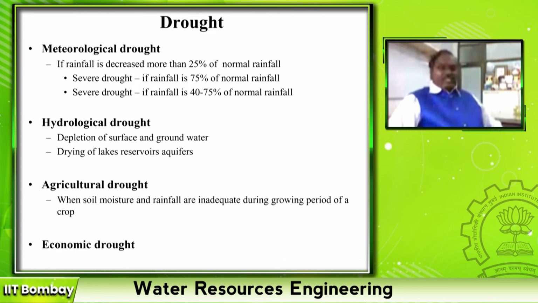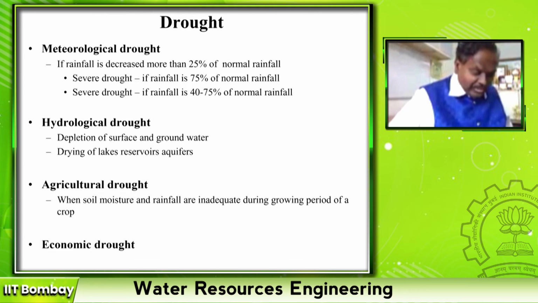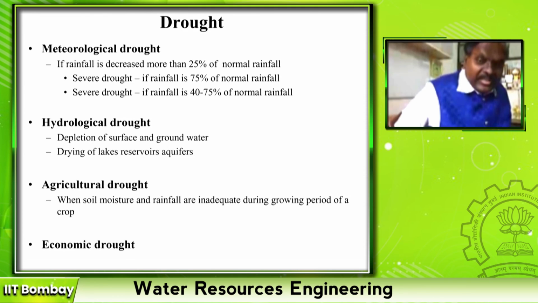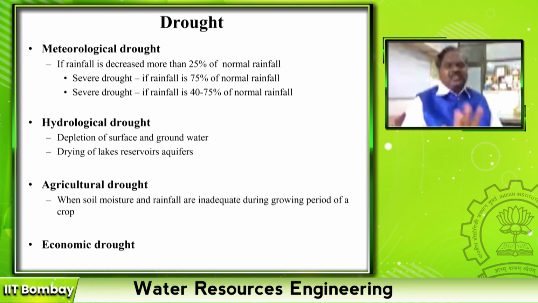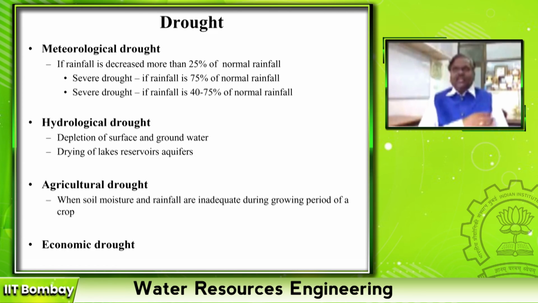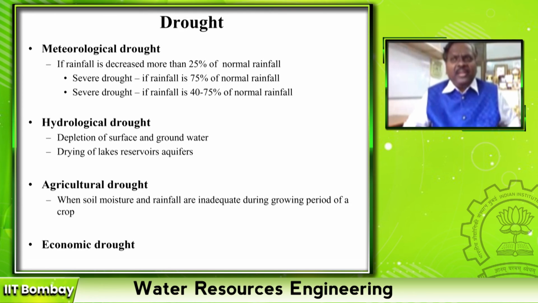Now the next topic which we are going to study is drought and flood, but flood I will take in the next class. This class we are going to look at only one page on drought. I am not going into the detail of the drought. There are different types of drought, as it is written: meteorological drought, hydrological drought, agricultural drought and economic drought. Meteorological drought means every year I observe my rainfall, so I take 30 years and take the average, and that is called the normal rainfall.